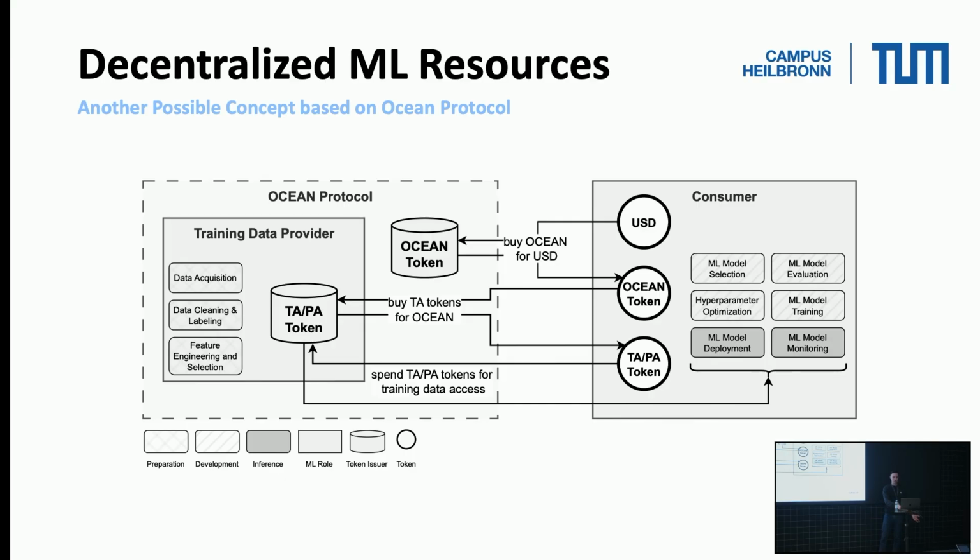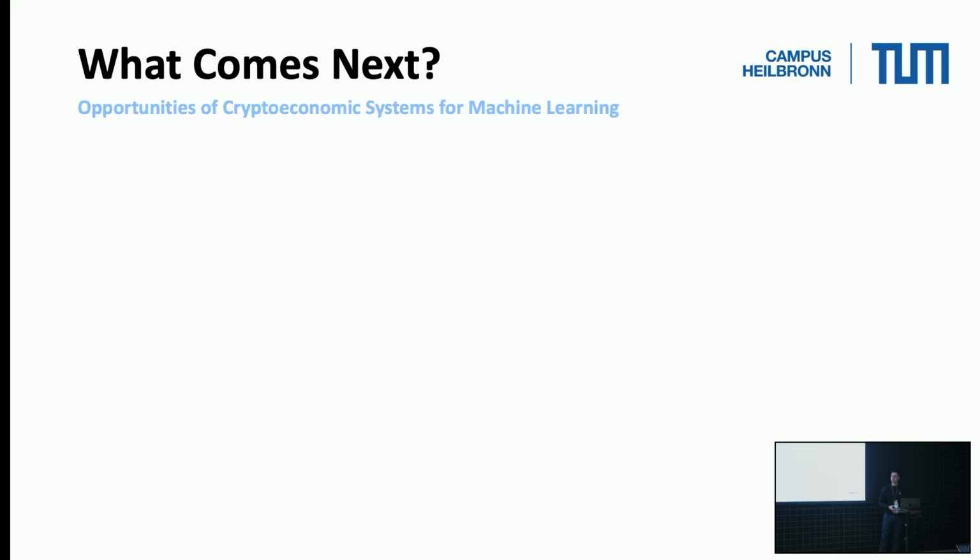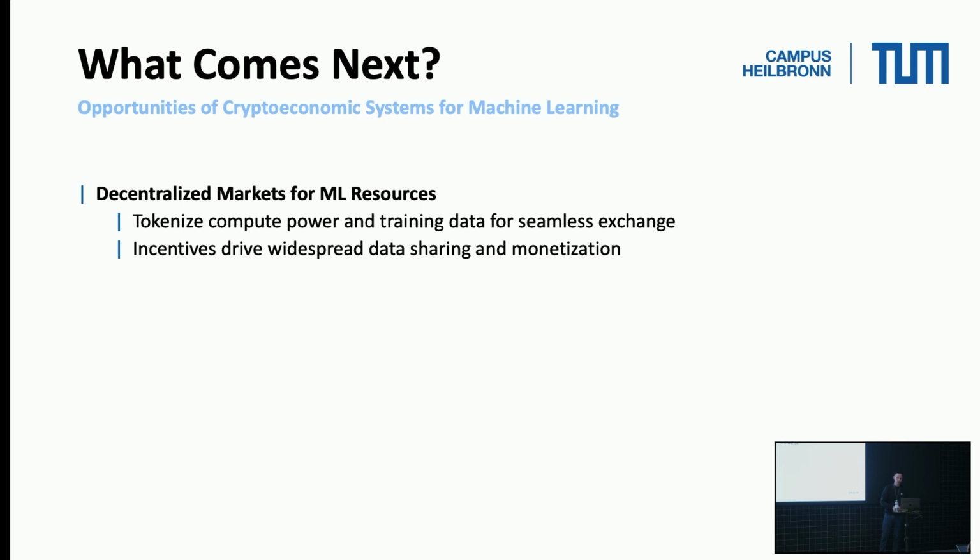But what are they useful for now? So I want to give you a short overview of what comes next for machine learning and cryptoeconomic systems. With this framework, we basically enable decentralized markets for ML resources. That means we can tokenize compute power, training data, and ML models for seamless and more efficient exchange.